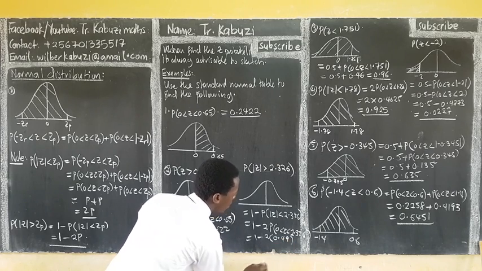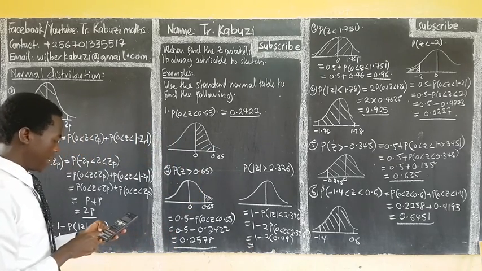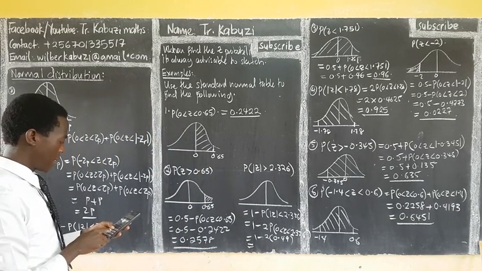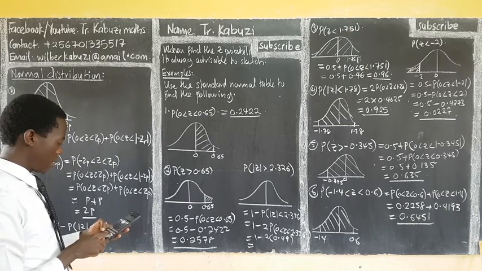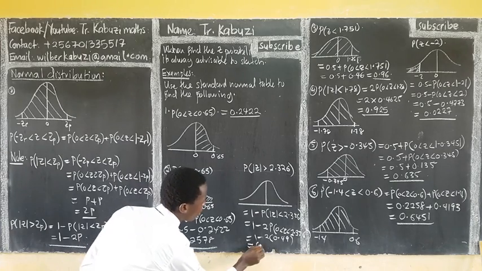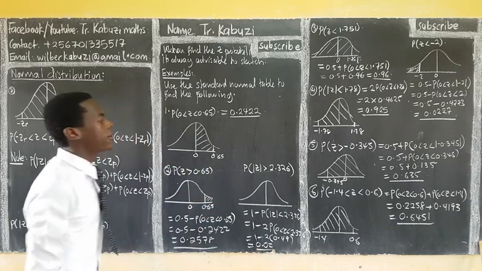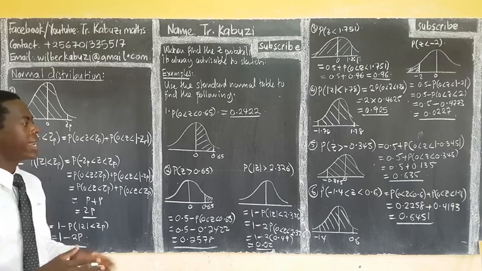Then I multiply it by 2 and subtract, my answer will be 0.02. So members, that's how we use the calculator, and that's how we read the table.